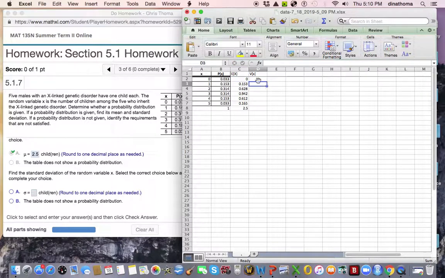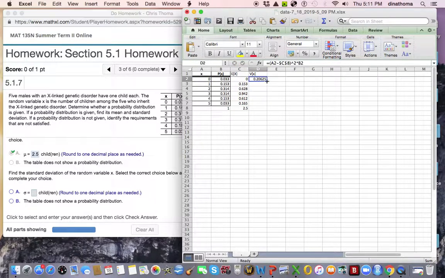Now, to find the variance, it is parentheses x minus the mean quantity squared. Remember, the mean doesn't change, the x's will, so I'm going to put dollar signs in front of my mean. That locks it so it doesn't change. And then I have to times that by my probability of x.